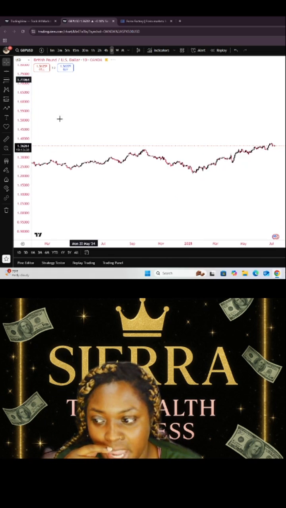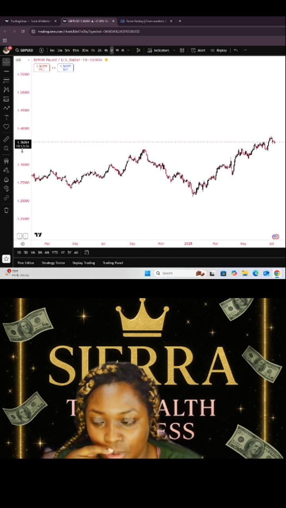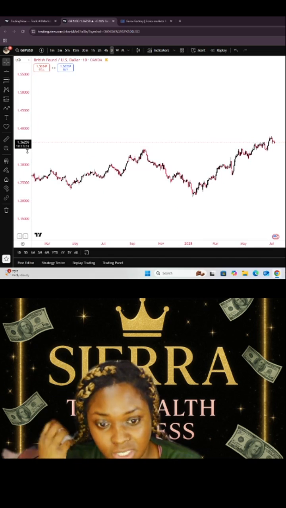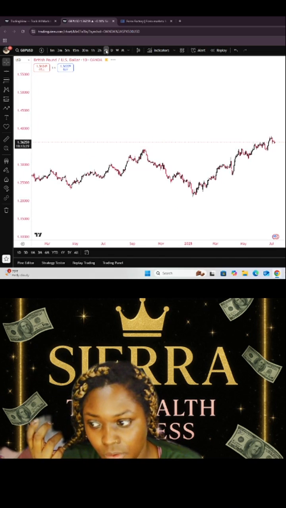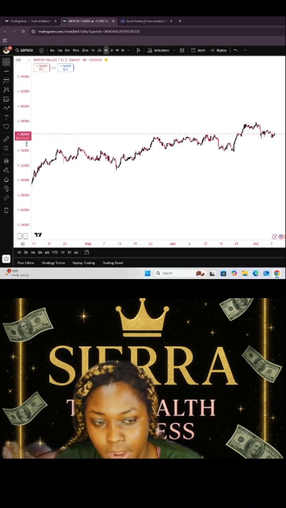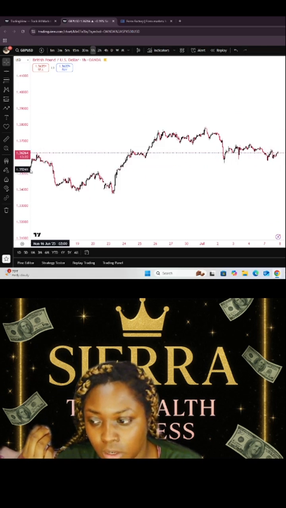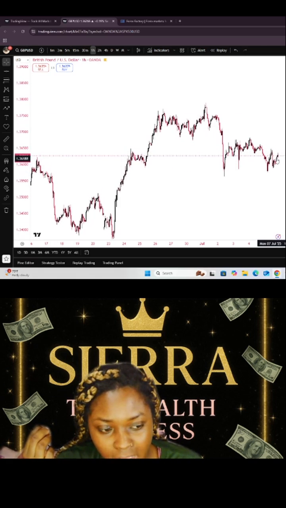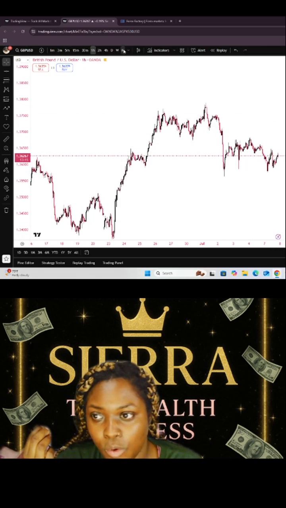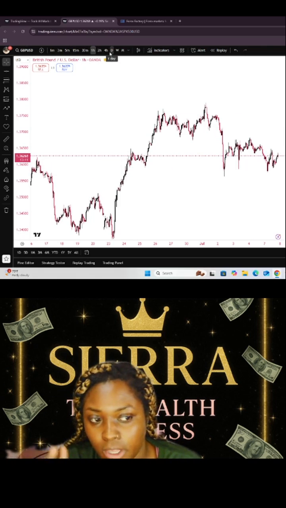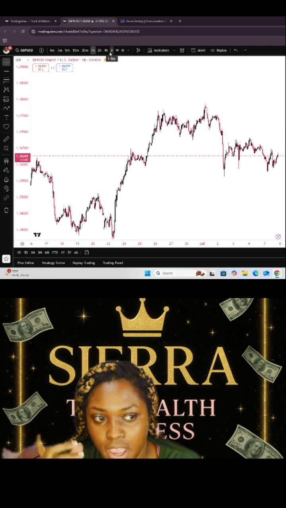I come down to the daily, we have 19 hours, 13 minutes, 35 seconds counting down until this daily candle closes. On the 4 hour, we have 3 hours and 13 minutes left. The 2 hour, 1 hour and 13 minutes. The hour, we have 13 minutes left until this hourly candle closes, okay? So each one of these up here is just the time for how long the candle is going to be open and when the candle will close, okay?